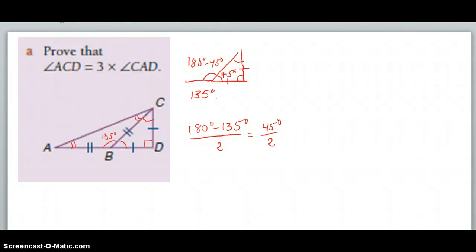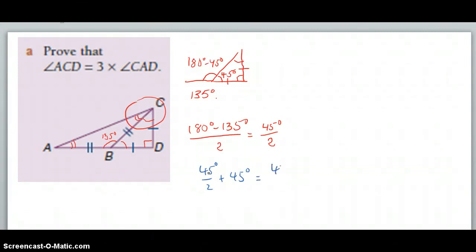So that means at this place here, we've got the following situation. We've got 45 divided by 2, that's a smaller angle here, and then this bigger angle is 45 degrees. Let's add these two together.